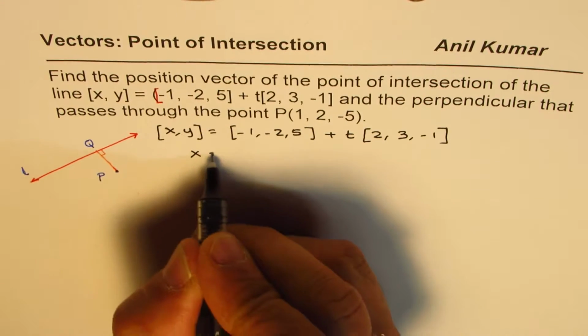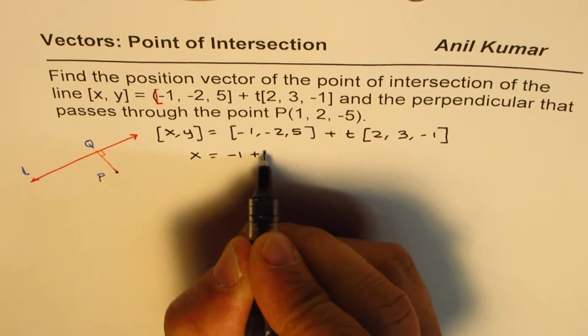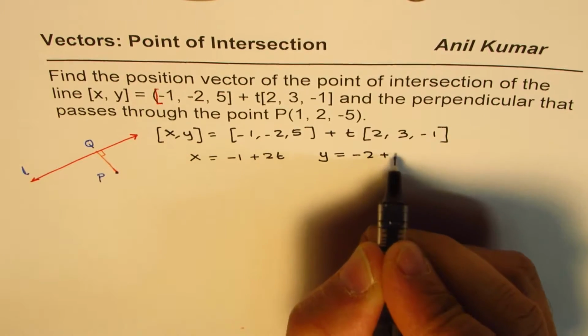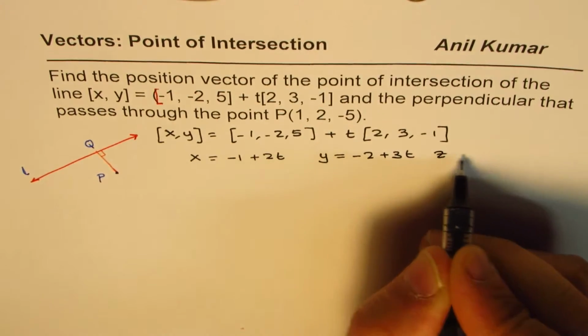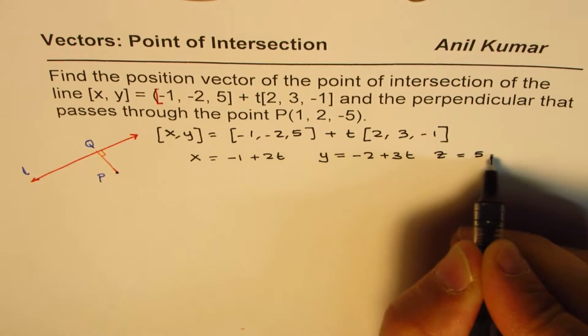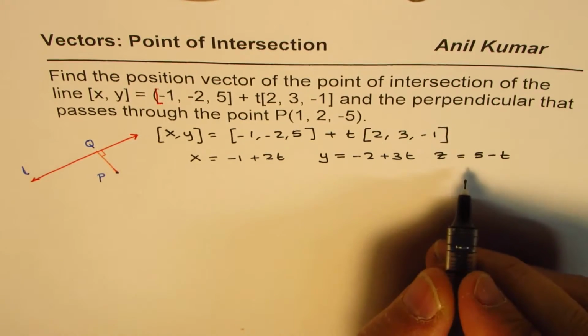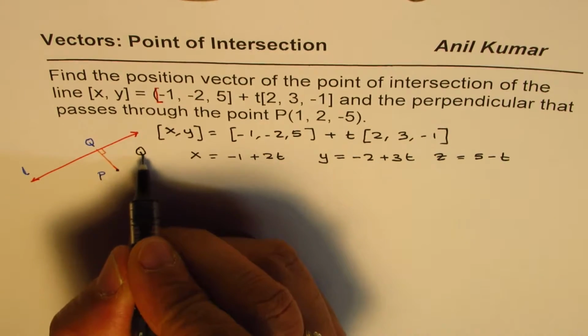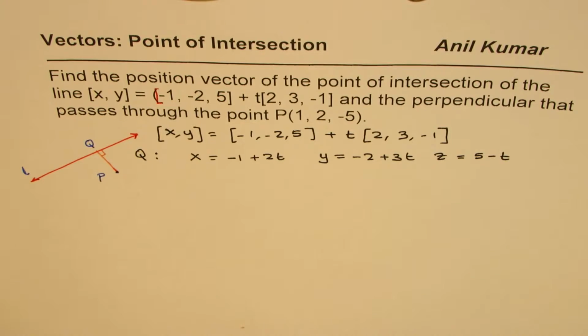So x will be minus 1 plus 2t, y will be minus 2 plus 3t, and z will be 5 minus t, right? So that's any general point, and that is the coordinate for point Q.